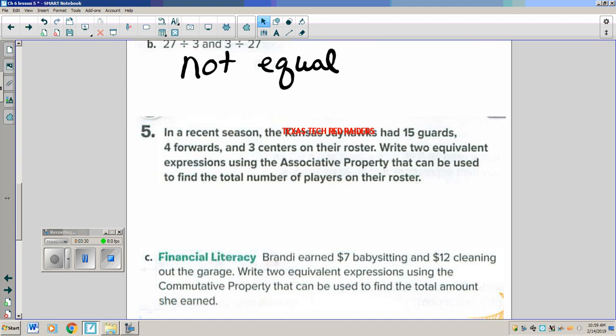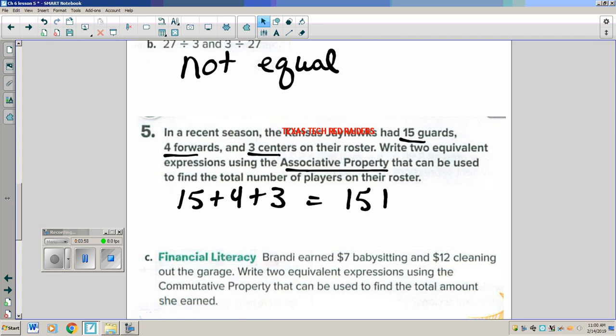Number 5 in your book. They had a typo. They put the Kansas Jayhawks. That is wrong. In a recent season, the Texas Tech Red Raiders had 15 guards, 4 forwards, 3 centers on their rosters. Write 2 equivalent expressions using the associative property that can be used to find the total number. 15 plus 4 plus 3, 15 plus 4 plus 3.